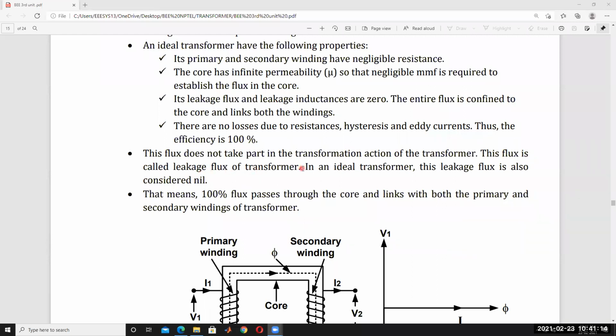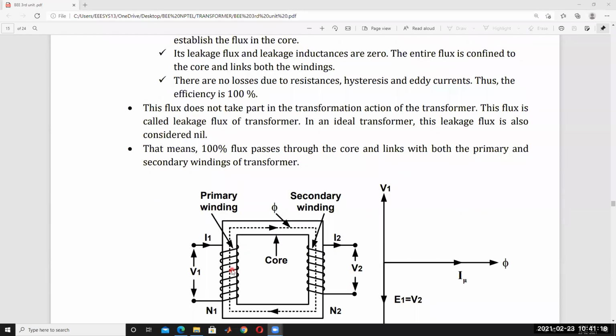Some amount of flux is generated on the primary side, but that flux does not link to the secondary side. That is called leakage flux. This is also an important concept, and a 2-mark question may be asked: what is meant by leakage flux? Whatever flux is generated on the primary side, the amount not linking to the secondary side is called leakage flux.